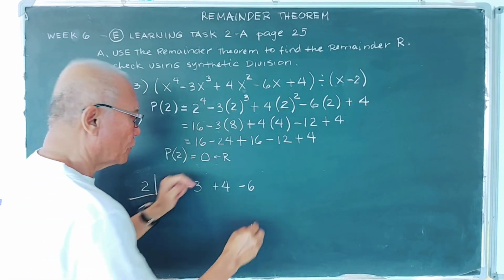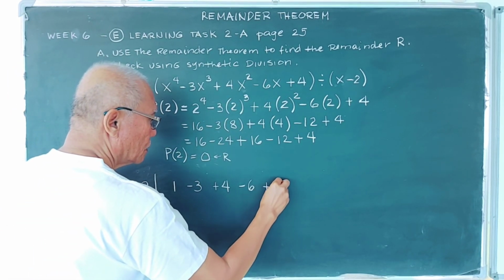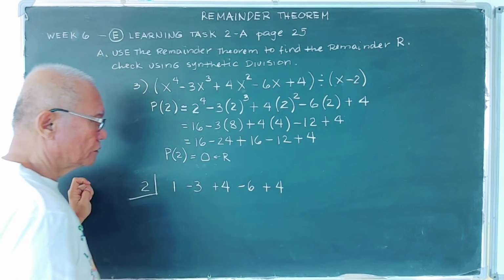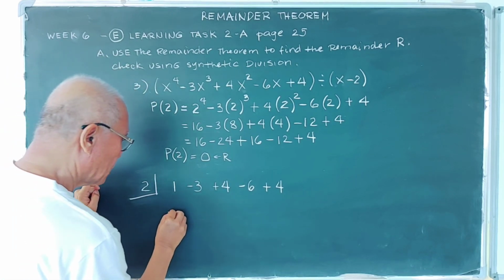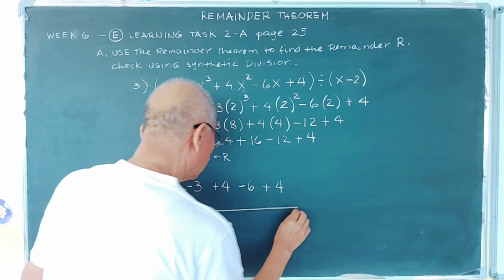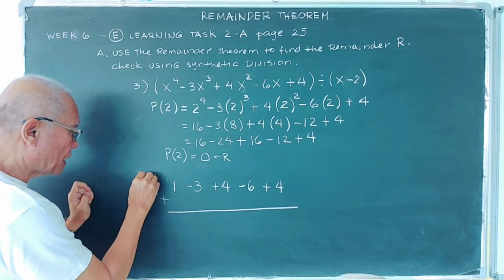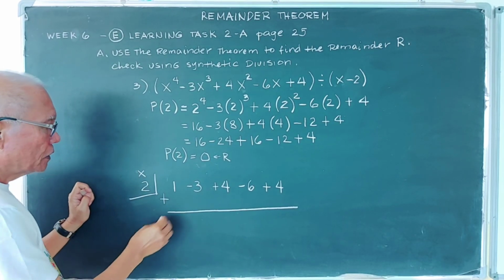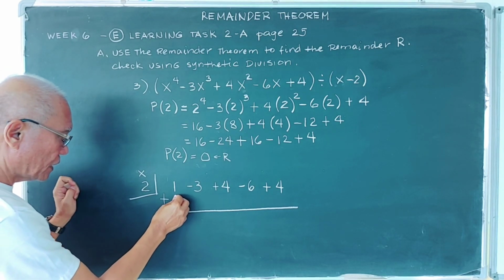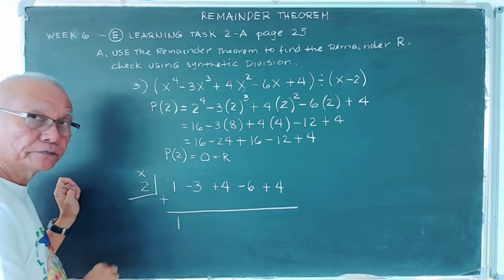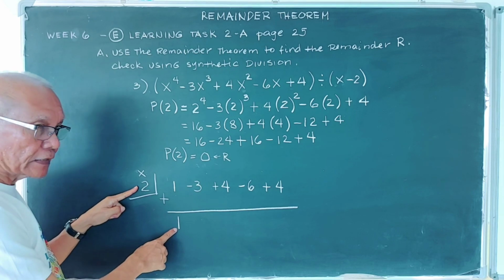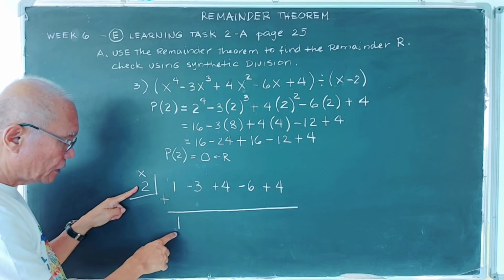And then plus 4. Lagyan ng line. And then ito ay plus, itong 2 ay pang times. Carry down yung first numerical coefficient na 1. And then ito magta-times, dito ilalagay ang answer.